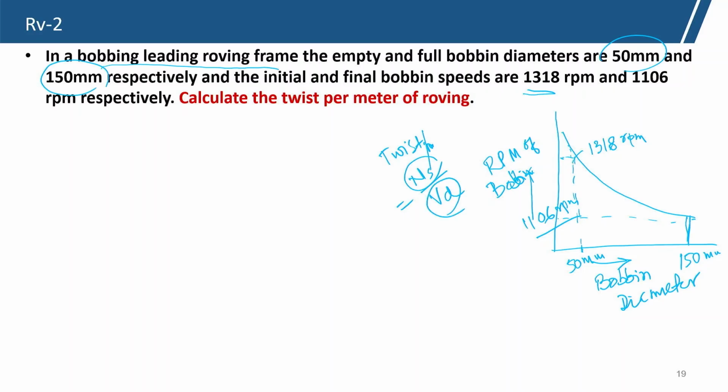Now, we have to calculate first spindle speed, then delivery speed using all the given data.